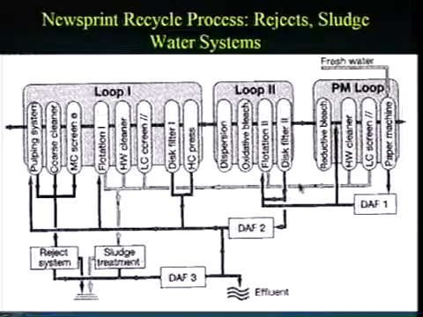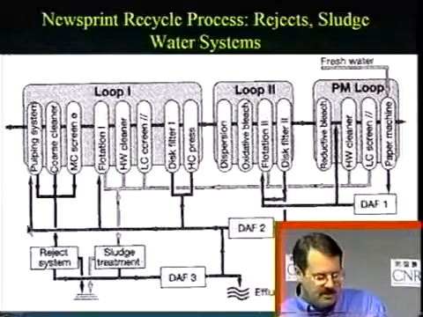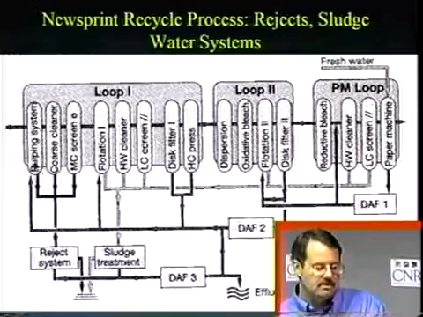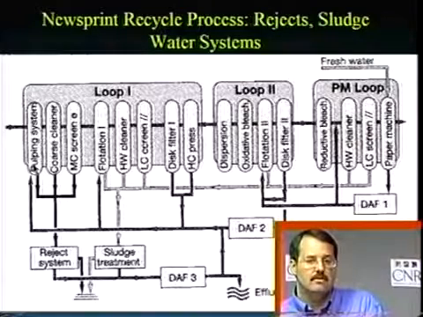All right. So we're going to get some water from our loop 2, and that water is going to come through here, down here. That water is going to be on our disc filter, and that water will go to our DAF2. That DAF2, that sludge will probably be treated and sent for disposal. And then the water actually is going to go in this direction from the DAF2, and that's going to be used as dilution water for our pulper.